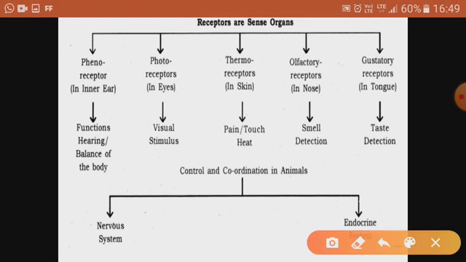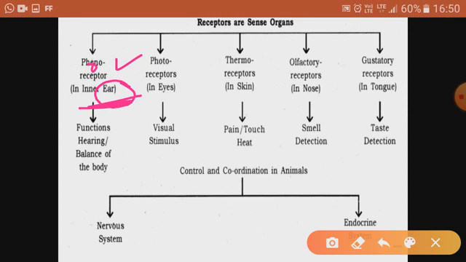Here you can see the first one, which is present in the ear, that is the phonoreceptor. The ear is a sense organ, so the ear has this kind of receptor to receive the stimulus. And what is the stimulus here? That is sound.